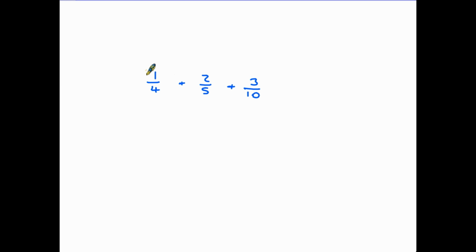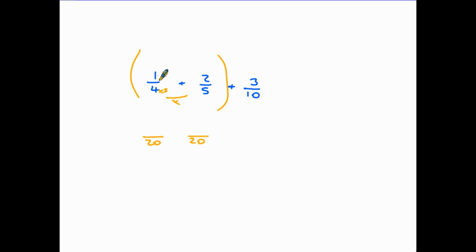The first way would be to add the first two fractions together in the same way that we have done previously, and then come to the third fraction. So in other words, we would be multiplying 5 times 4, so that would give us two fractions with 20 on the bottom. We'd ask ourselves, what did we do to the 4?